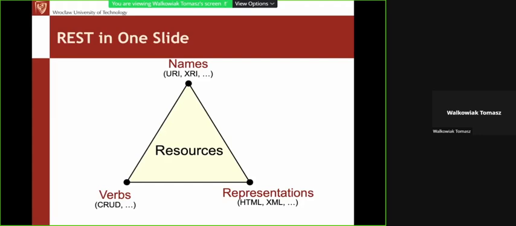So finally, all that stuff will call a given method. So the server has to know which method you as a client have in mind. So really the verb, the representation, the name, has to define a method.